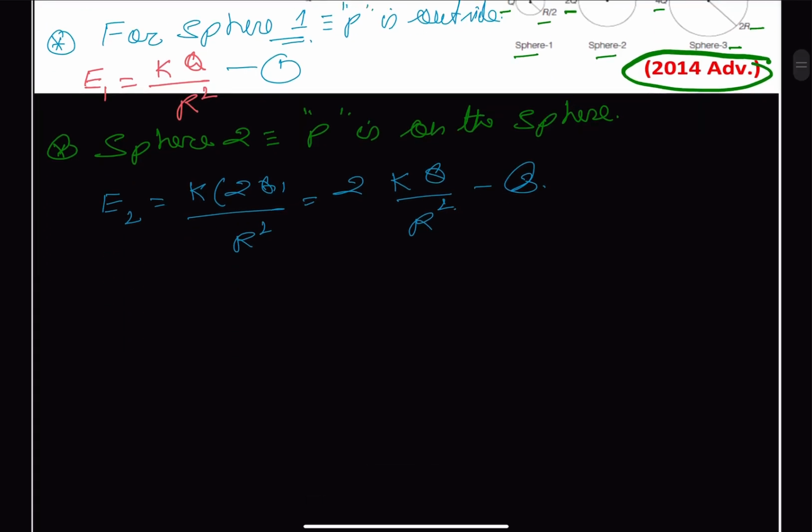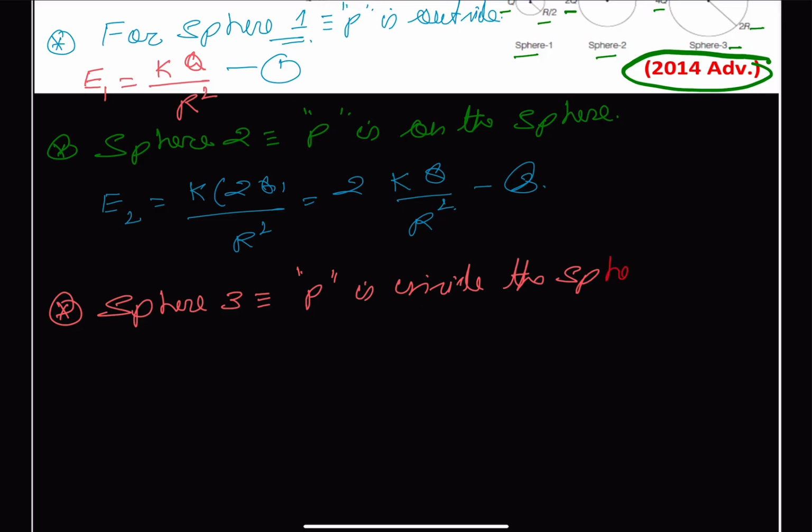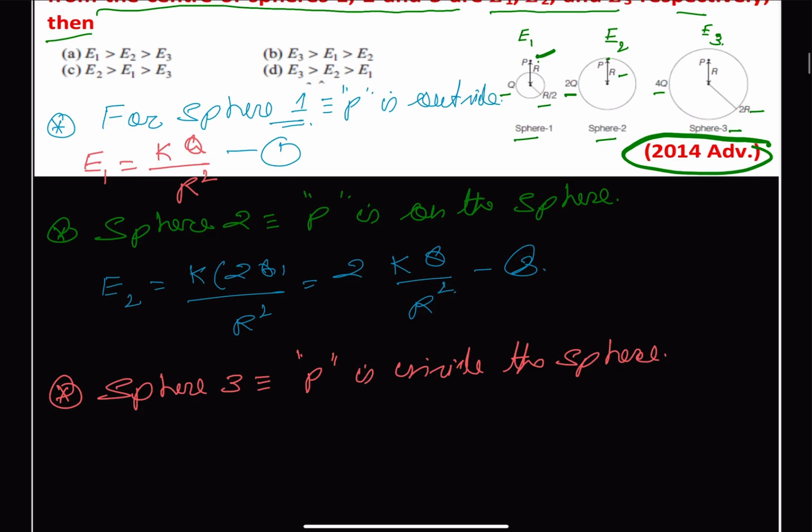And now we come to sphere 3. Here point P is inside the sphere, and the total charge is 4Q. So in this case, we have to draw a circle such that this point P is exactly on the circle.